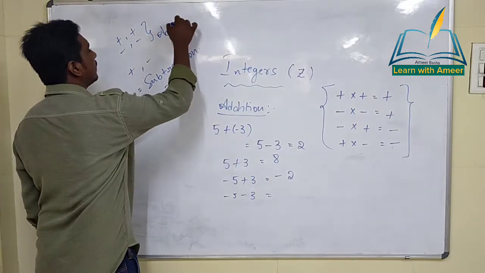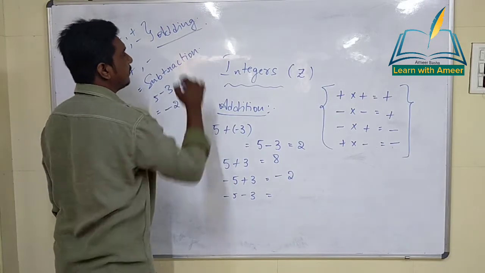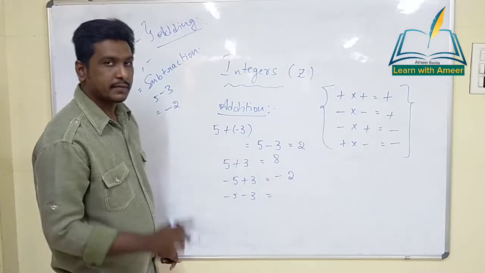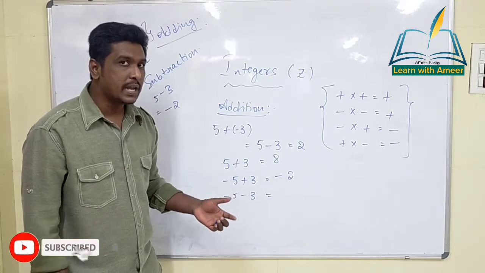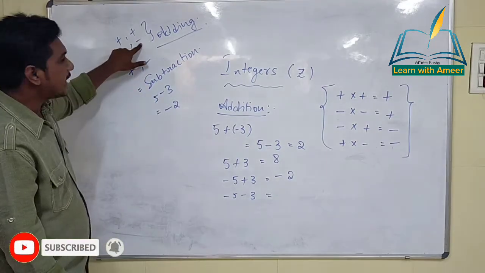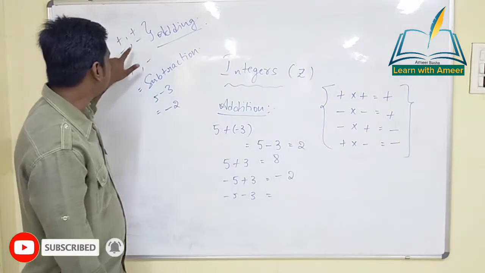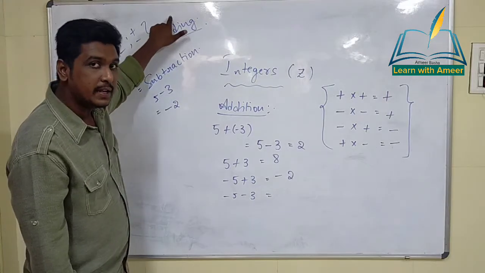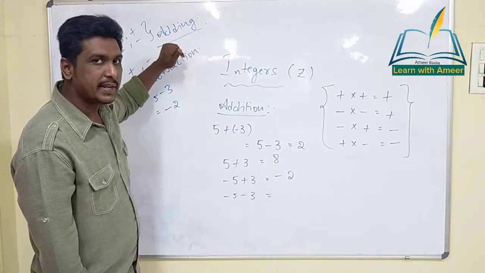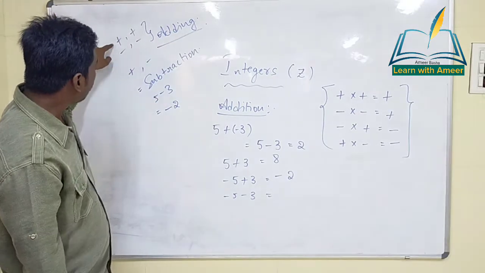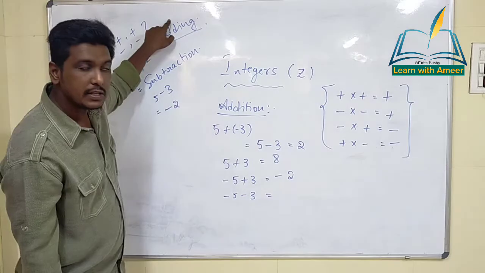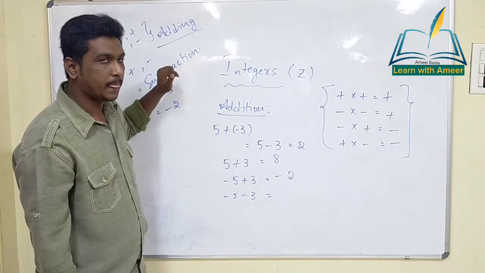We will be adding the numbers first, and when it comes to the symbol, if minus is there, for the answer we will keep the minus symbol. If we have plus and plus, for the answer also we will keep plus.